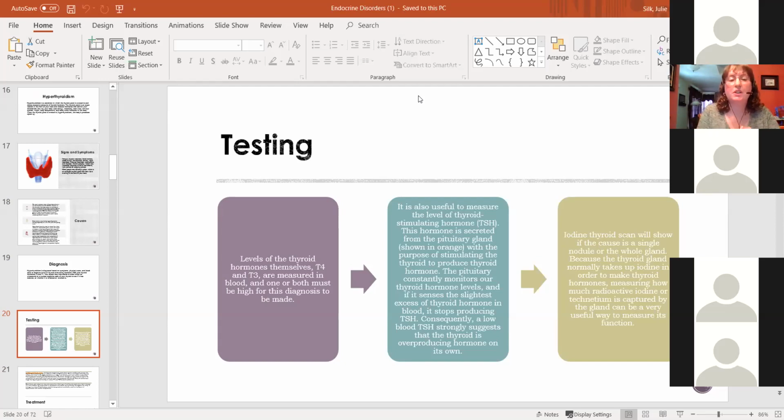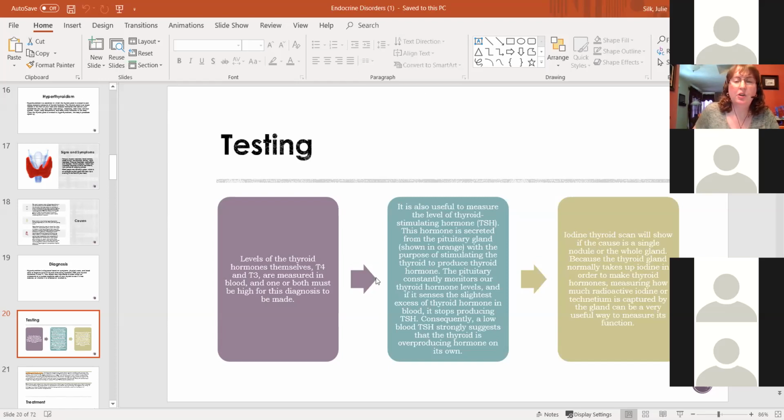All right, as far as the testing goes, they're going to draw that T3 and T4, and one or both of these must be high for them to say, yes, you have hyperthyroidism. They also probably are going to check your TSH level, and that'll show you something as well.